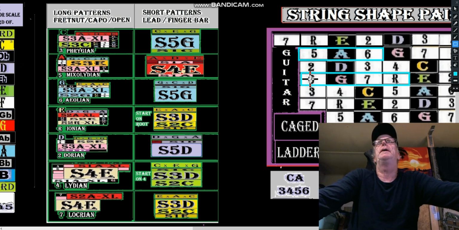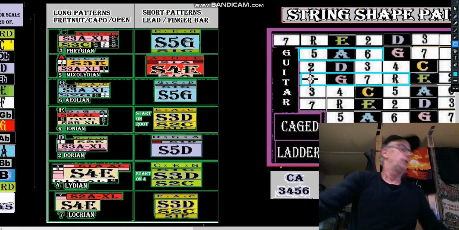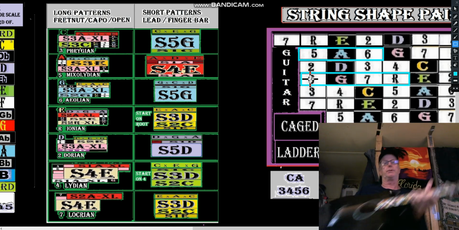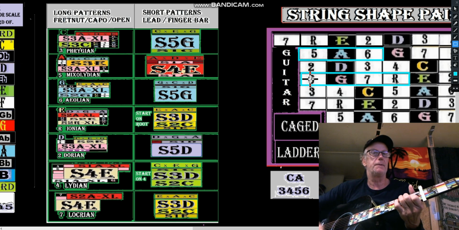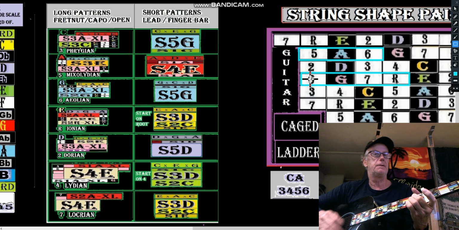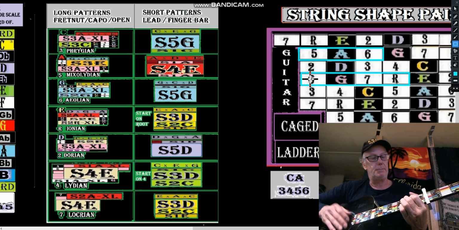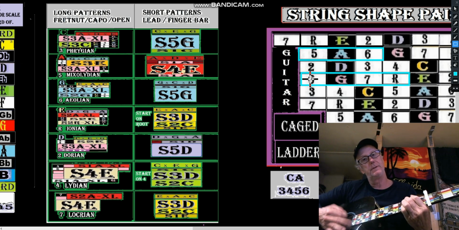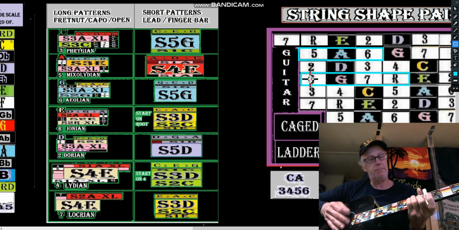We just call it the CAGED system. So when we talk about different shapes, we're talking about the C shape. Okay, then the A shape is here, and the G shape, the E shape, let it ring out, and the D shape.